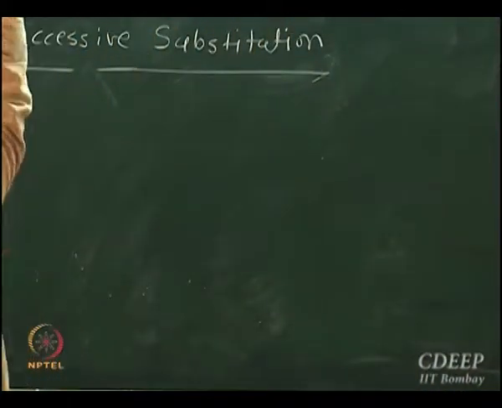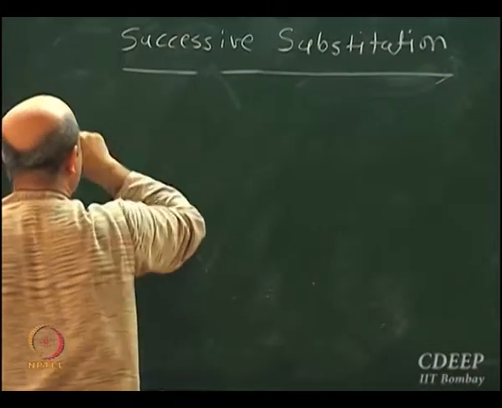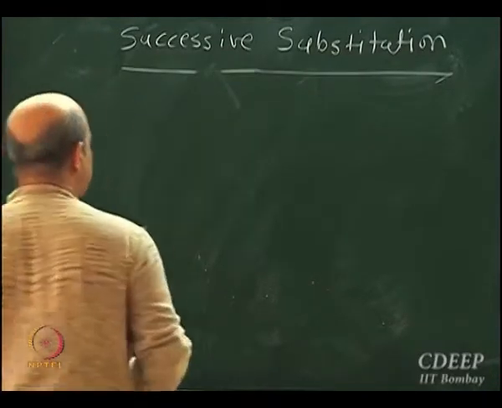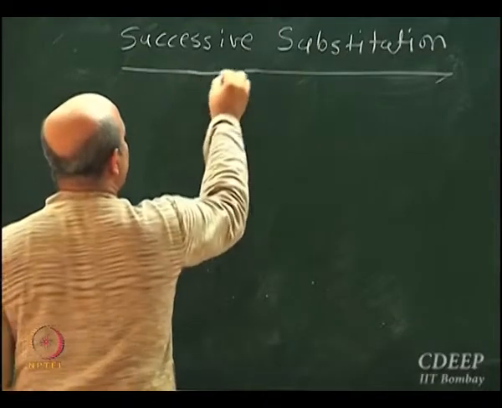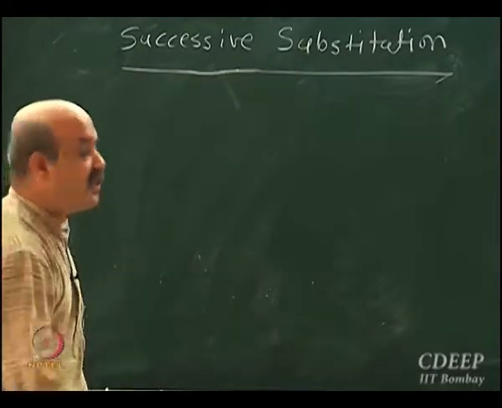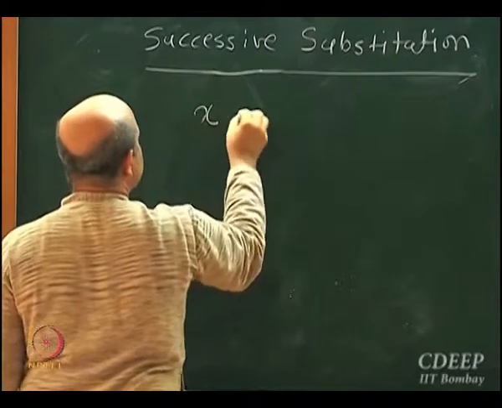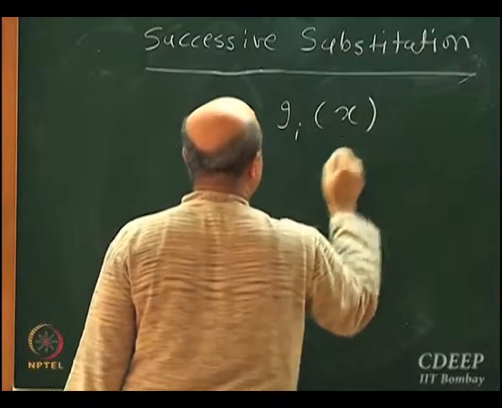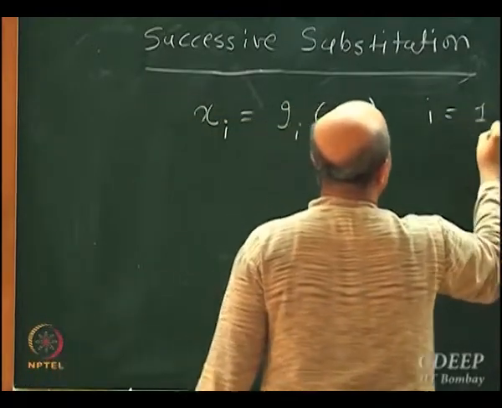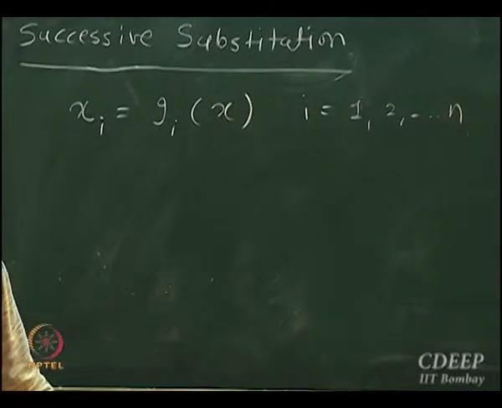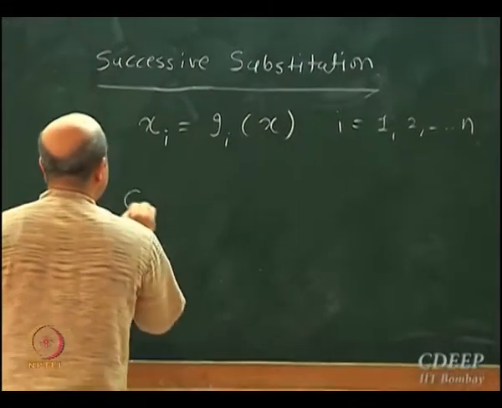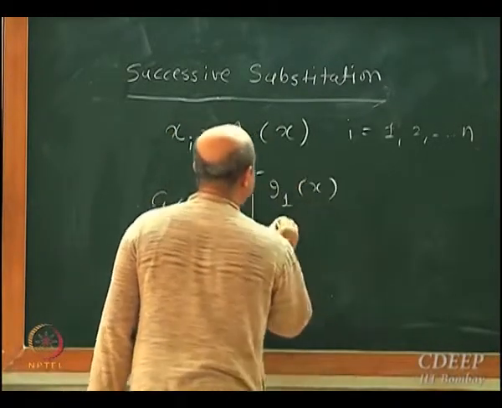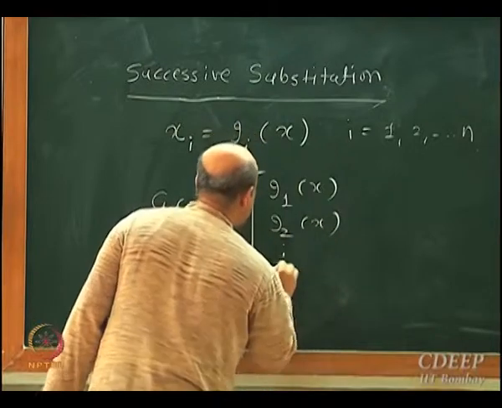So I go back to my original form. Instead of writing the equations that I want to solve, I am going to rearrange them into this form: x_i is equal to g_i(x) for i equal to 1, 2, ..., n, where g(x) is nothing but g1(x), g2(x), and so on.